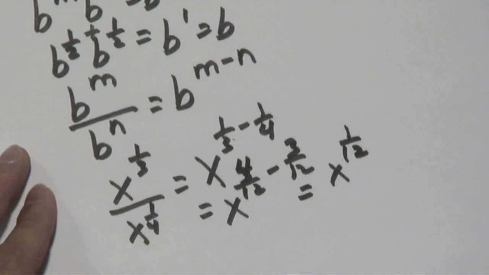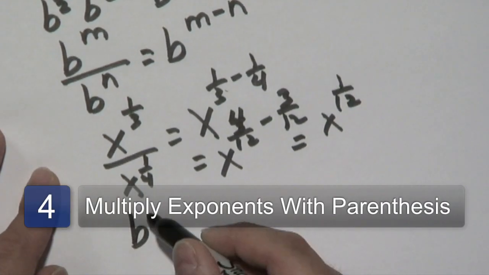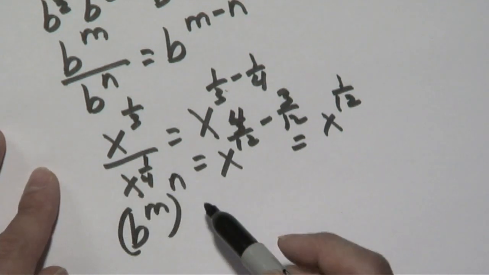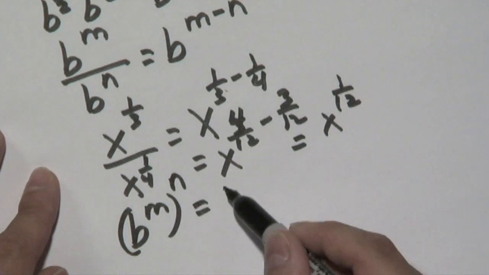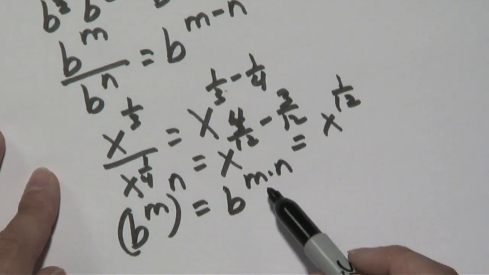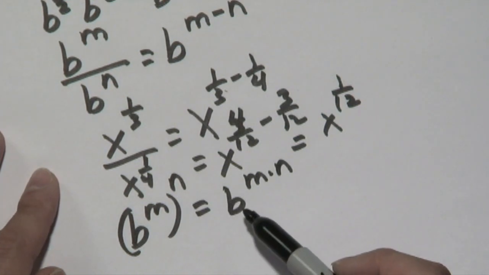Now, one last major exponent property is if you have b to a power raised to yet another power, what you do with those exponents is you would multiply those exponents together. So it would be b to the m times n. Notice because there's only one base, you only worry about the one base, not two.